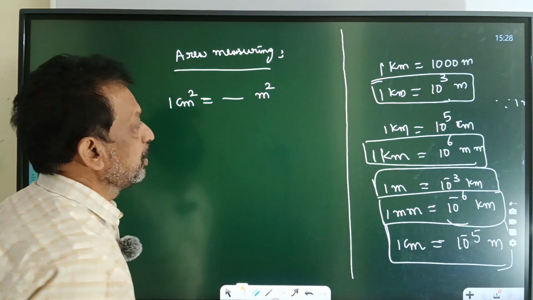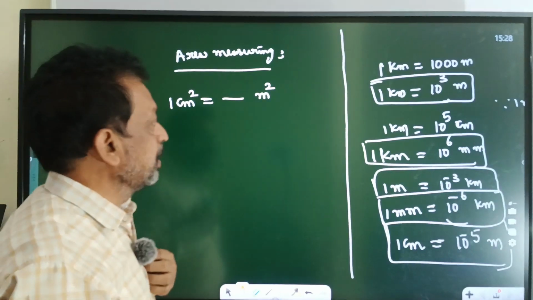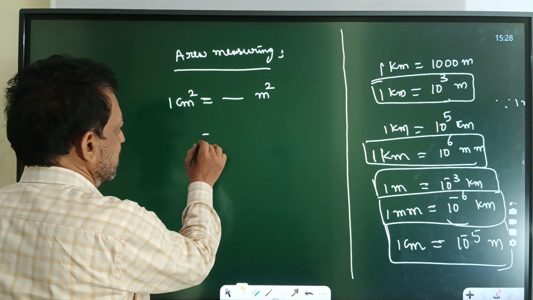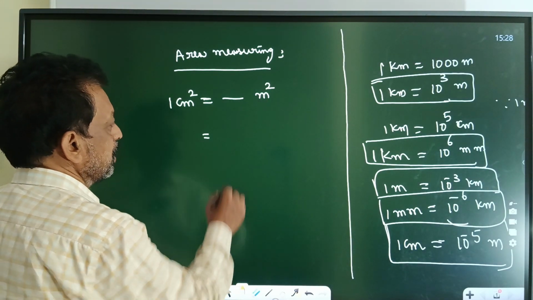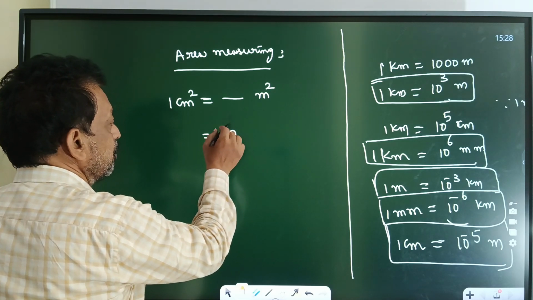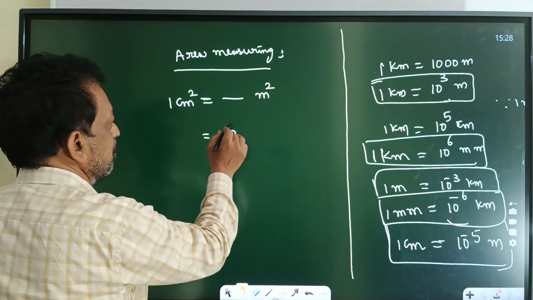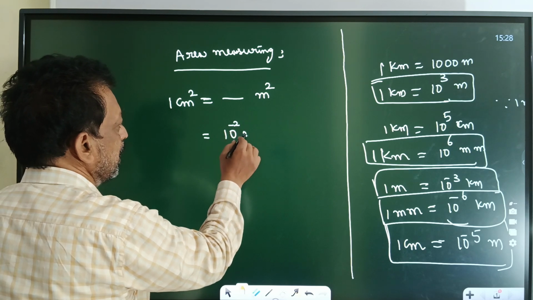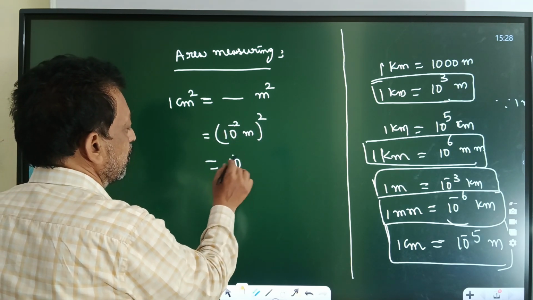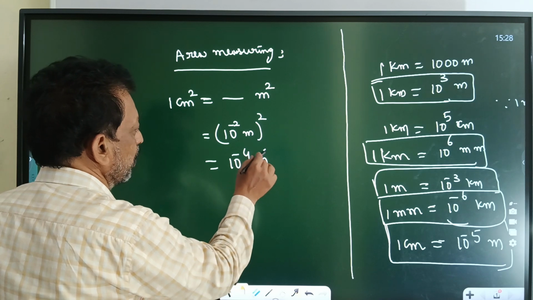Already we know that 1 centimeter is equal to how many meter? 10 to the power of minus 2 meter. So 1 centimeter square is 10 to the power of minus 2 meter whole square, that is equal to 10 to the power of minus 4 meter square.